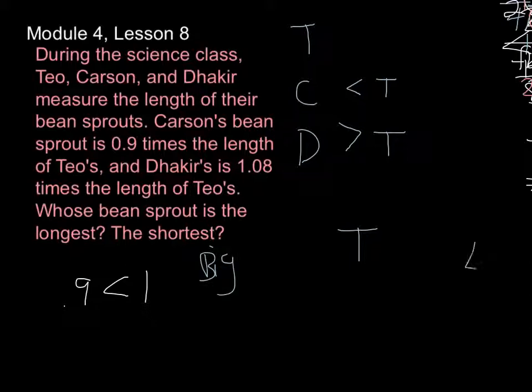Big, little. Teo's is bigger than Carson's, but his is smaller, less than Dakir. Dakir's is bigger than his. So the answer to whose is biggest is Dakir, and the shortest is Carson's.